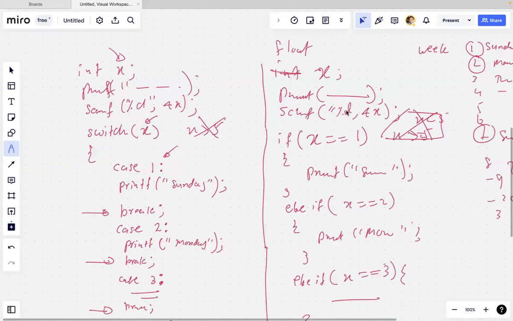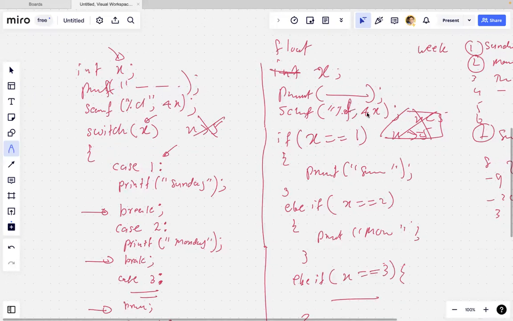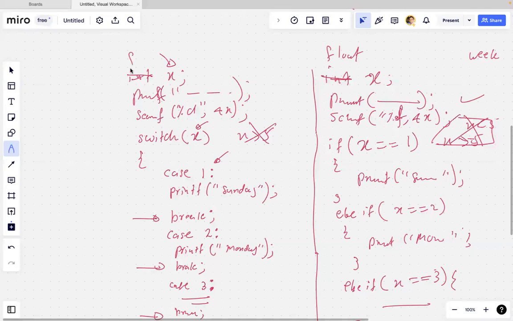You can provide percentage f and x, and you can provide x equal 1.1, 1 or 2.0. Then you can provide if else. If else it is okay. It doesn't matter. But when you come here, if you provide float, it doesn't work.